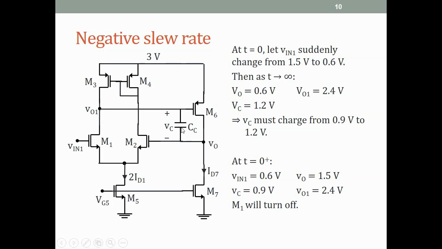If we make this 0, M1 will turn off even in the final DC state, and that will become a very different circuit and very complicated to analyze. So this way we maintain linearity.